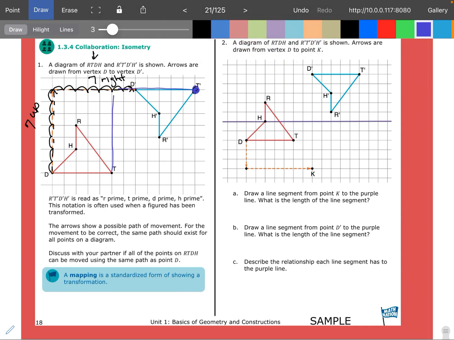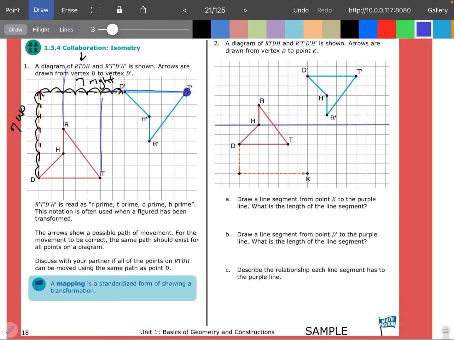Let's try it with R. If I go up 7, I'm not even in the graph. So no, it doesn't work with R, and it's not going to work with H. So do all the points use the same path to get to R prime, T prime, D prime, H prime? That answer is no. Two of them do, but not all of them.